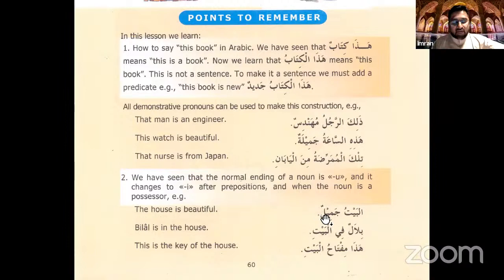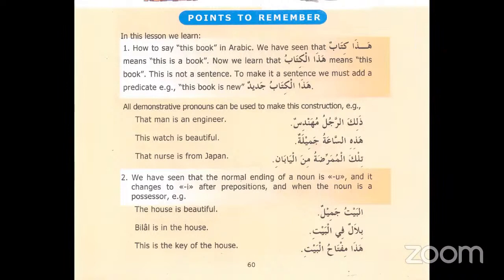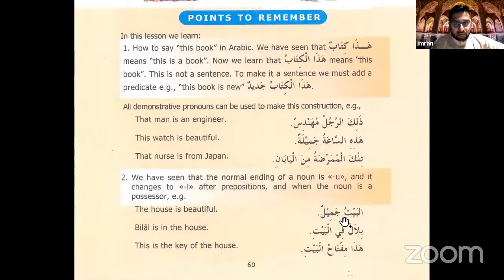This is a ruling: if it is one word, one noun, which comes as a khabar, it always comes without alif lam. So al-baytu jamilun, the house is beautiful. If we did a literal translation, al-baytu means the house, jamilun means beautiful.